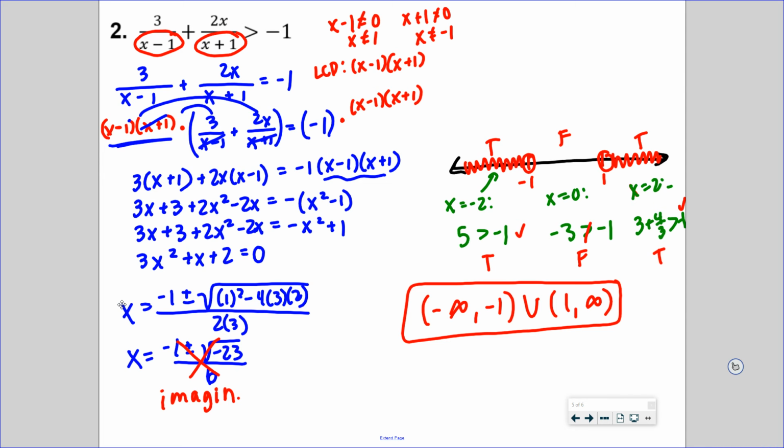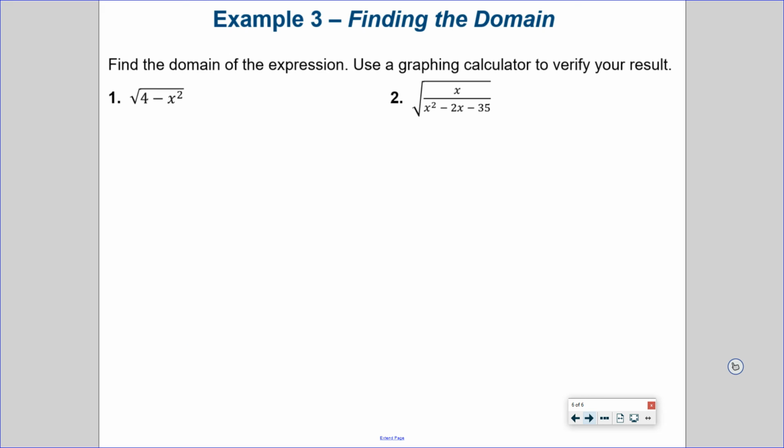Okay. That is solving inequalities with polynomials and with rationals. The last thing we're going to take a look at is a good application of when we would need to solve inequalities: if we were asked to find the domain of something like this.